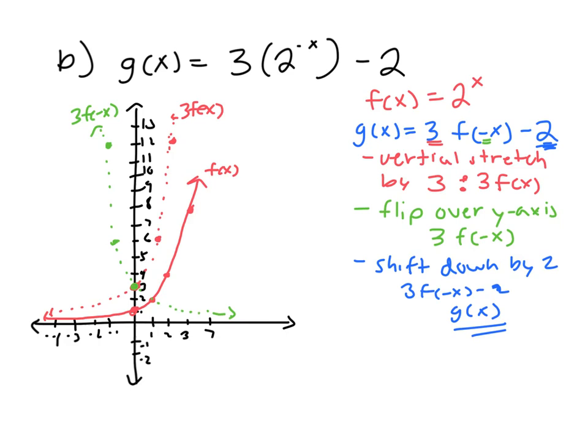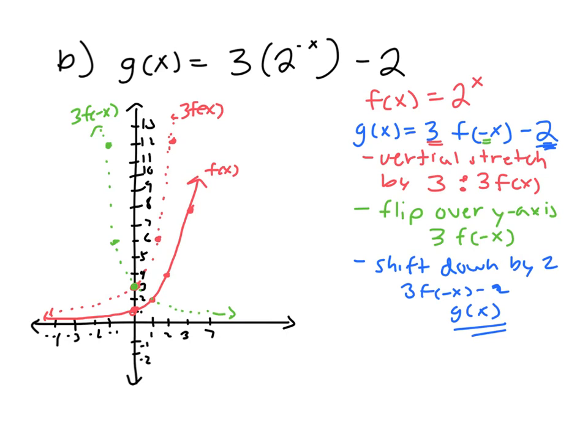Okay, lastly, shift down by 2. So let's take all the points and shift them down by 2. And this shift down will move the horizontal asymptote. Remember, it's only shifts up and downs that move horizontal asymptotes. Okay, so let's get started with this first point at x equals 0.